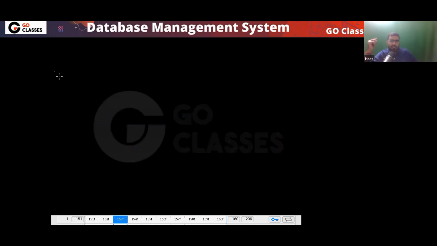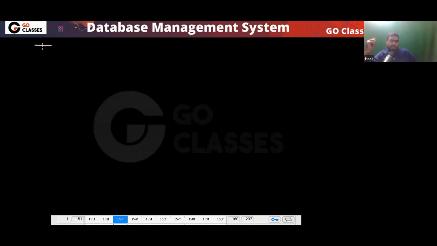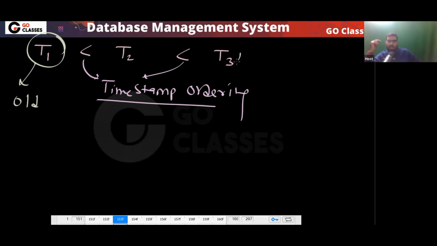Just think about it, consider this example. Let me assume these are the transactions, T1, then T2, then T3, and this is the timestamp ordering. Let me assume that T1 is old, and T3 is young.